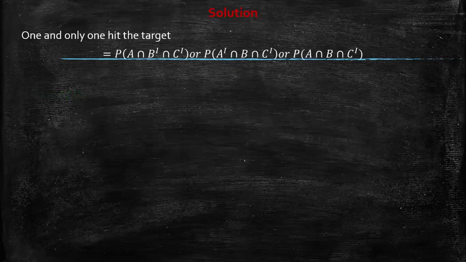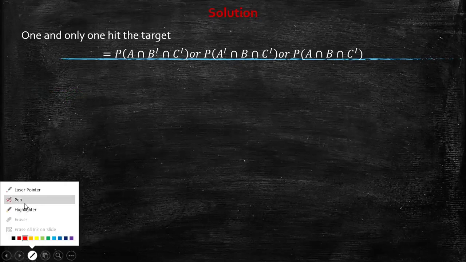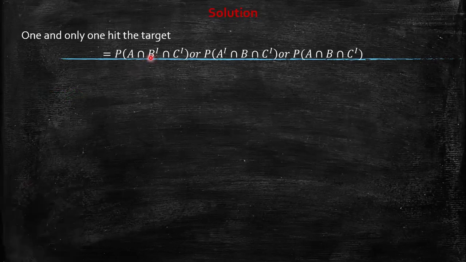In simple terms, the monkey is going to be hit by either A, so the other two are going to fail, and that is why we have the prime. So the first one, A hits. If A hits the target, then the other two are going to miss. Or we can have the target being hit by B and the other two miss.